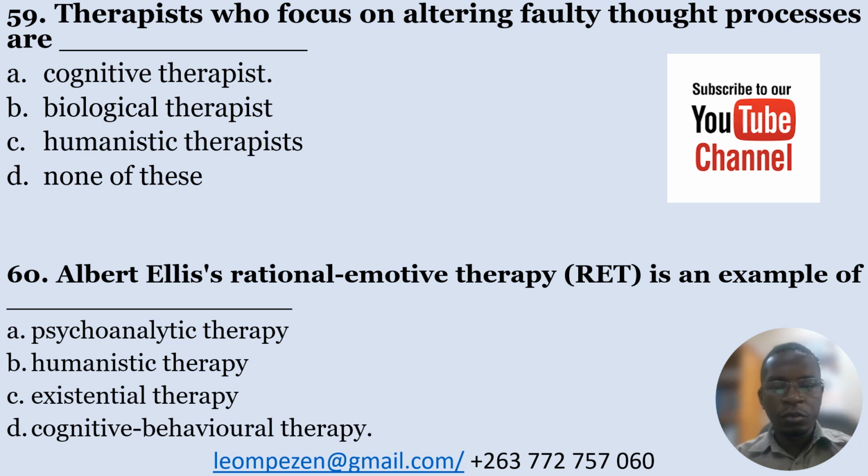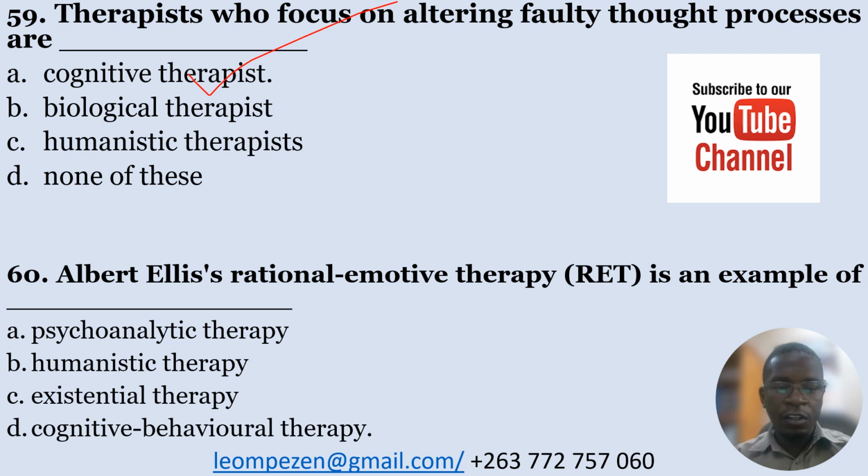Therapists who focus on altering faulty thought processes are dash. Cognitive therapists, biological, humanistic, and none of the above. The correct answer here is cognitive therapists. These are therapists who mainly focus on altering faulty thought processes or faulty cognitive distortions.